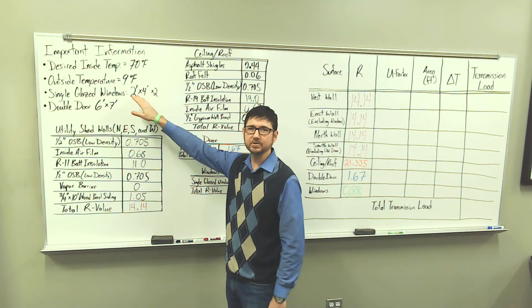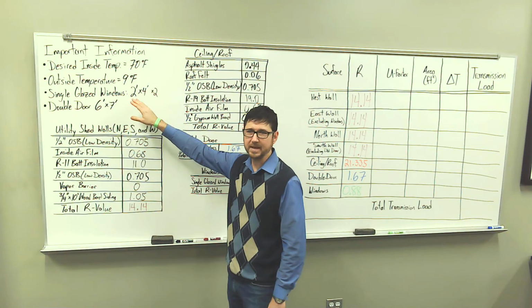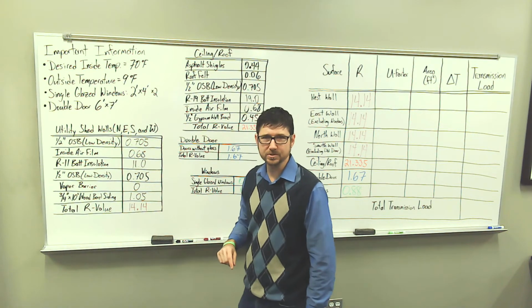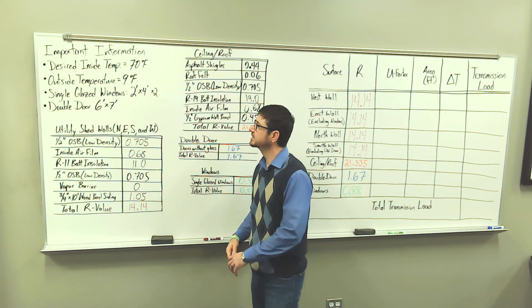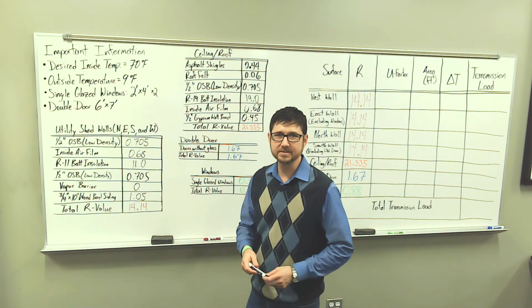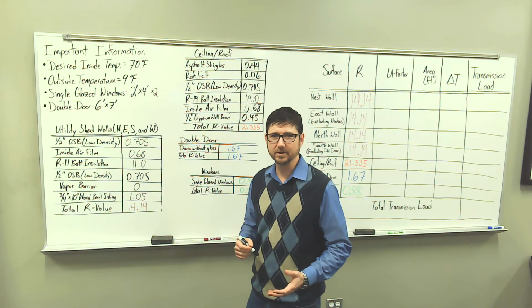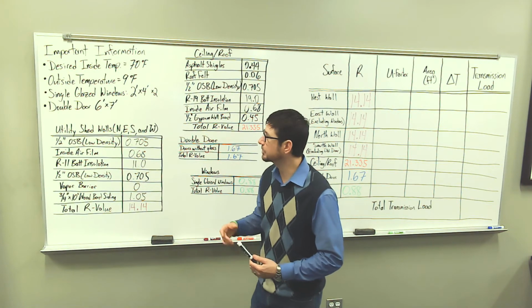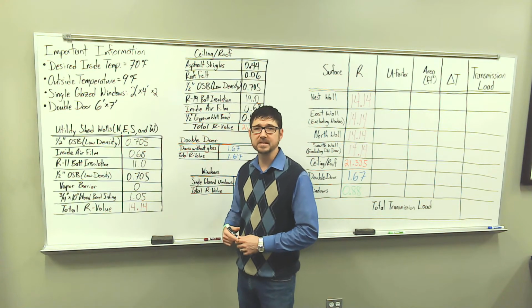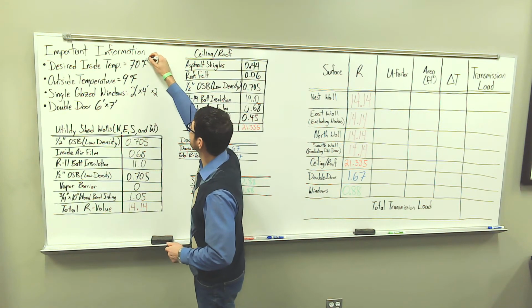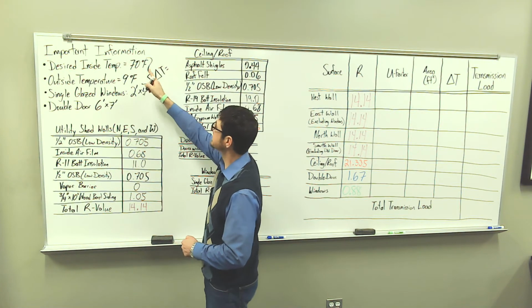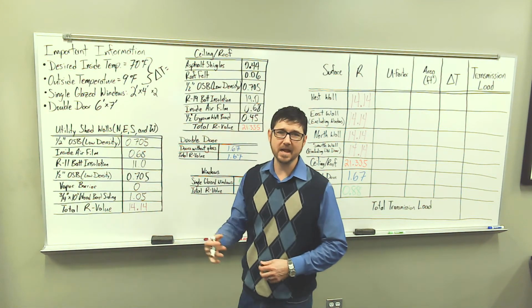All right, so what I want to take a look at now is some of the important information that was given to us on the first page of our assignment. So the desired inside temperature is 70 degrees Fahrenheit, and the outside temperature is 9 degrees Fahrenheit. Whenever we calculate transmission load, we know that we are required to have the temperature difference. So delta T here is going to be 70 degrees Fahrenheit minus 9 degrees Fahrenheit.